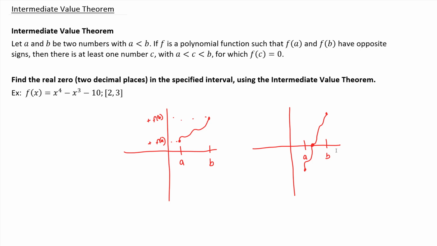Those all mean the same thing, and that's the value c they're talking about. It falls between a and b, so that's guaranteed to happen. Hopefully that gives you some conceptual understanding of the intermediate value theorem.